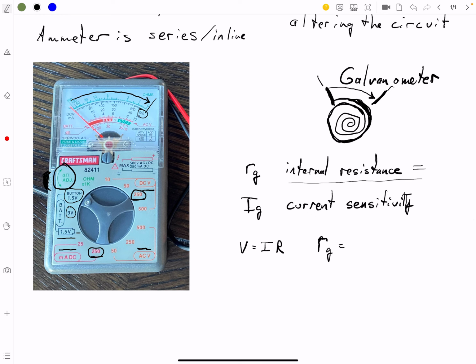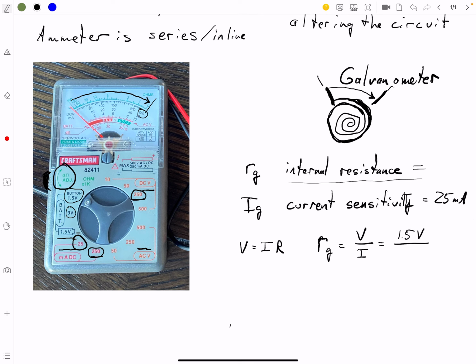RG is equal to V over I. Our most sensitive is 25 milliamps. Okay, so that's our current sensitivity. That equals 25 milliamps. We've got our voltage that we can do. The smallest voltage, if you notice on this, is the 1.5 volt button battery.